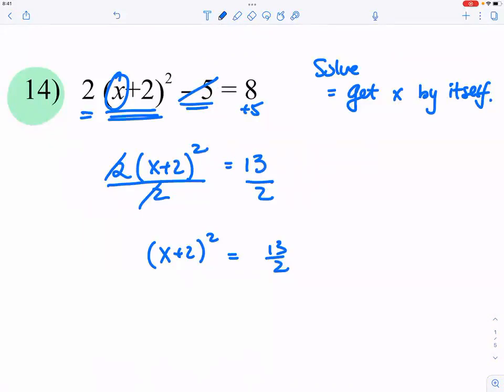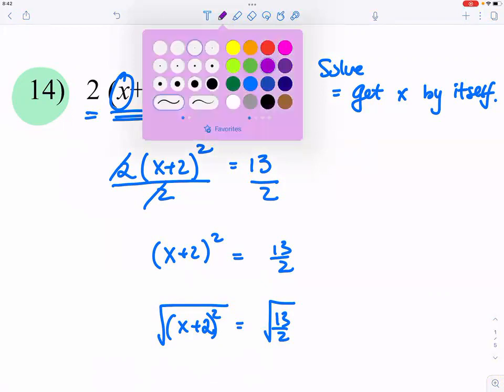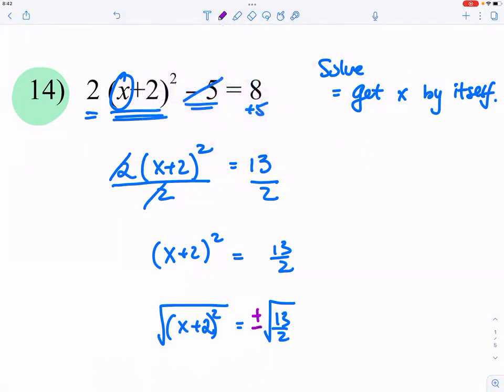And then the next thing that we'll get rid of is the square. To get rid of the square, we need to do the square root. And don't forget that we need to do the plus or minus square root.